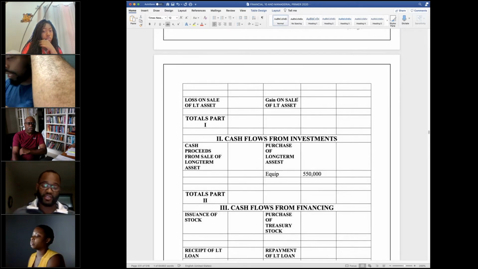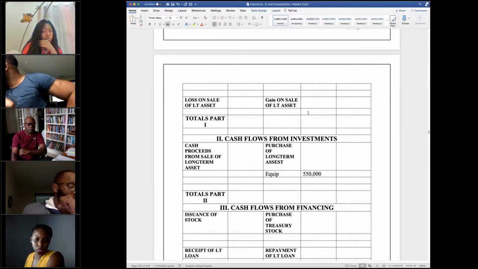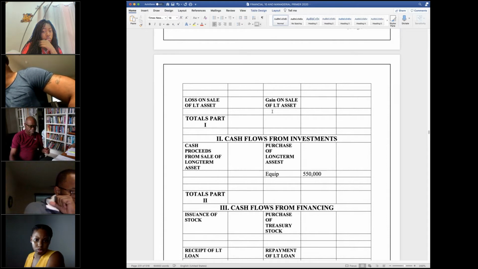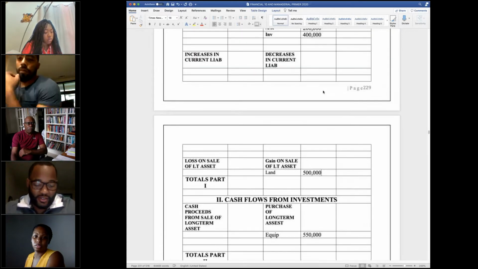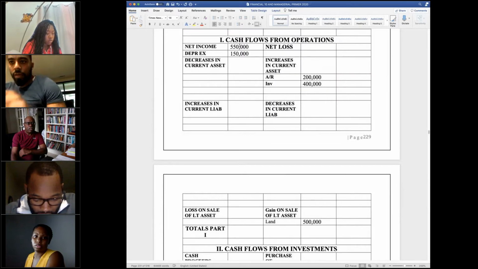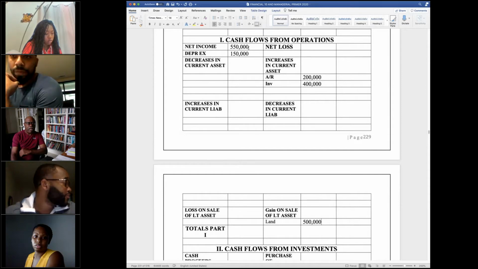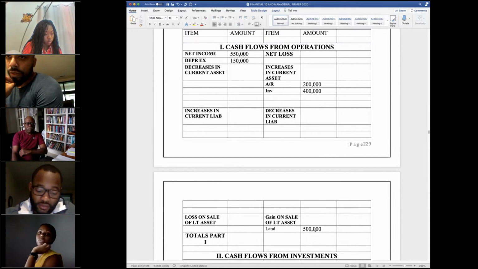We had a gain on the sale of that long-term asset. That was the land, right? We're going to show it as a use. Why? Because it makes it appear that our net income is $550,000, but we're not in the business of selling land.